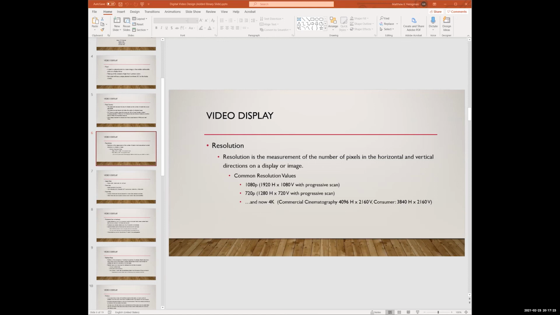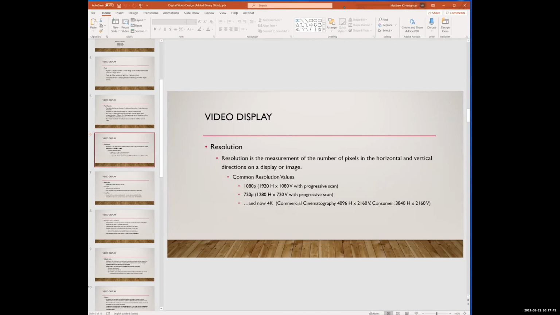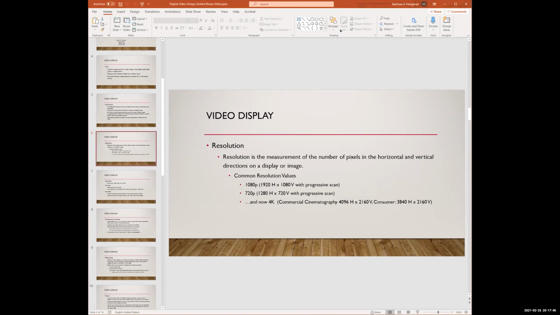Excellent question. Why did we divide 1440 by 9 and not 1440 by 16? Because in my experience, 1440 is unlikely to be the width measurement of the display. It's very likely to be the height measurement of the display.